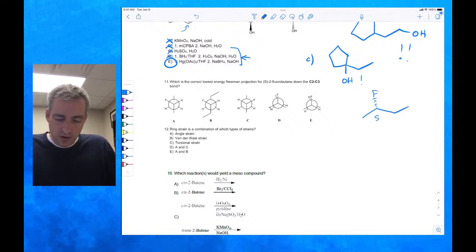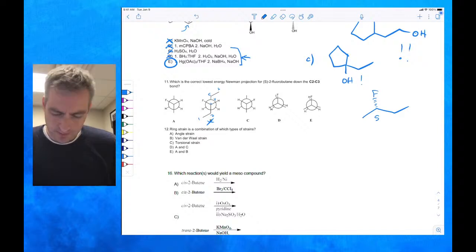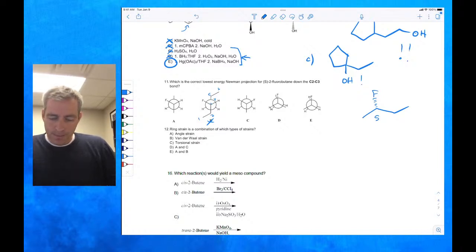So what we want to do is pick out the Newman projection. So first of all, we need to pick one that has 4 carbons. So like B is out because B has 1, 2, 3, 4, 5, 6 carbons. A looks okay, C looks okay, D looks okay, and E looks okay in terms of number of carbons. So what we need to do then is figure out which one of these is the lowest energy conformation.